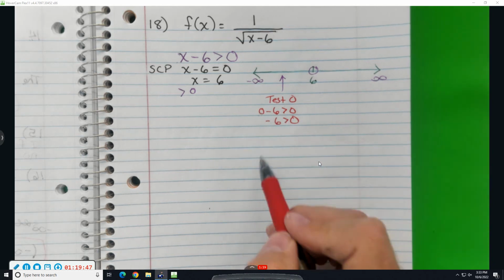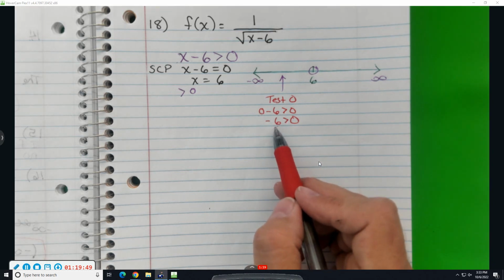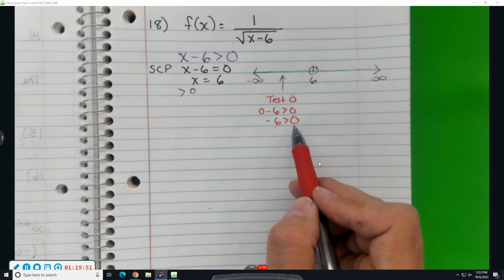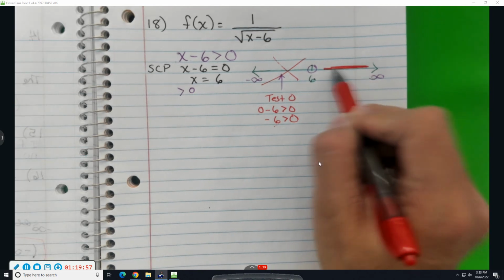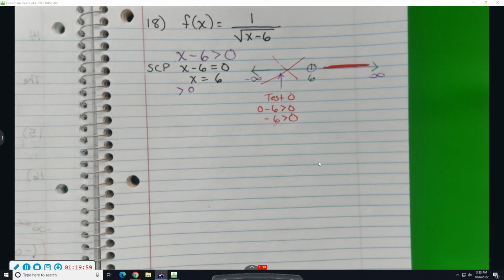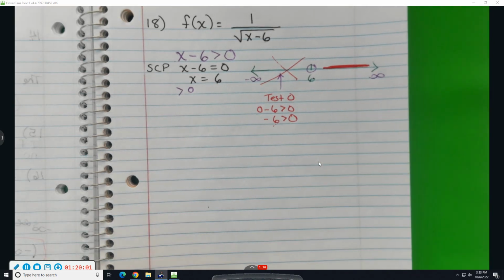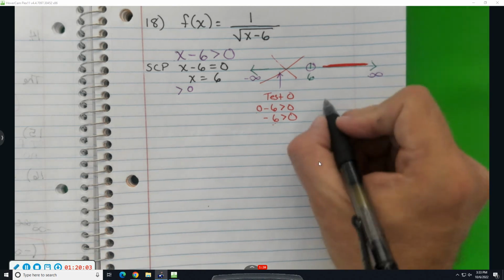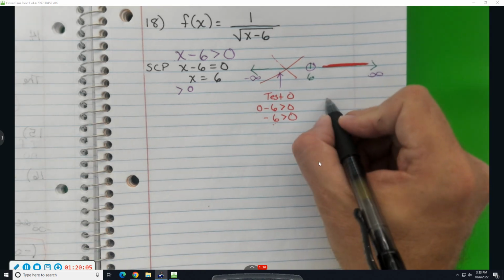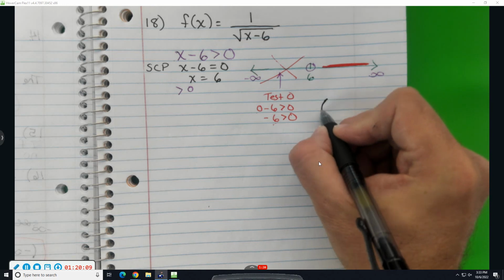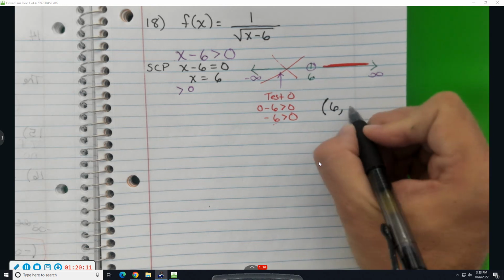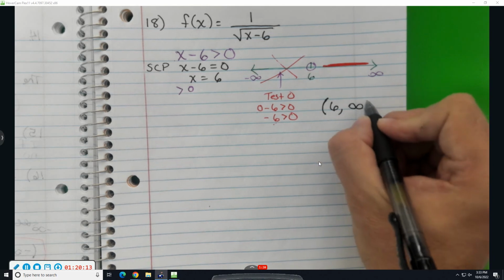You'd have 0 minus 6, that's a negative 6, greater than 0. That's false. So, what are we going to say the domain is? Parenthesis or bracket? It would be a parenthesis at the 6 because of the open circle, comma, infinity.